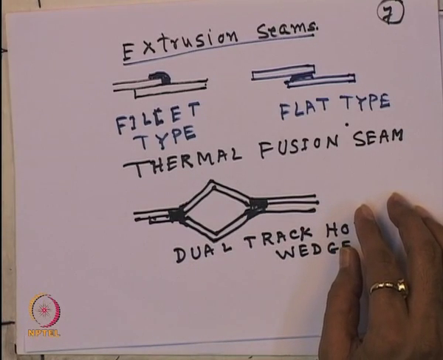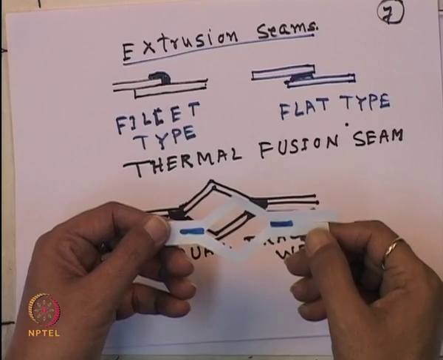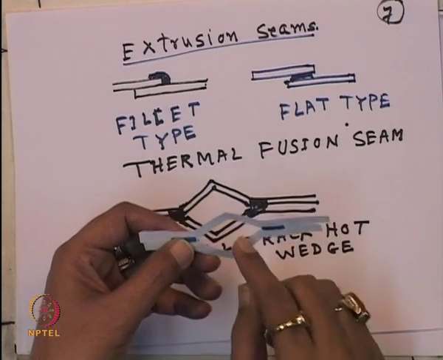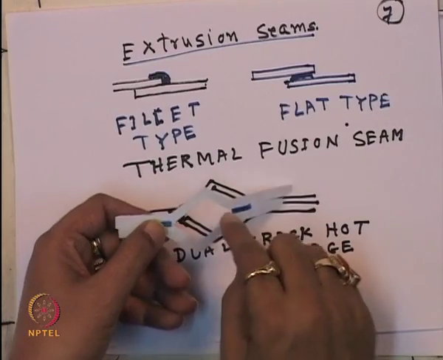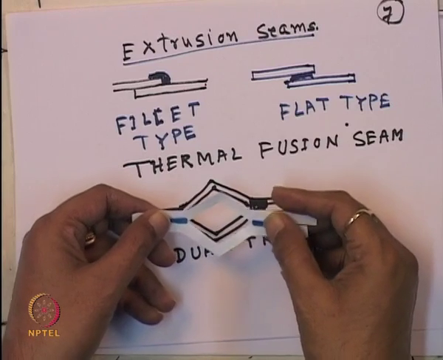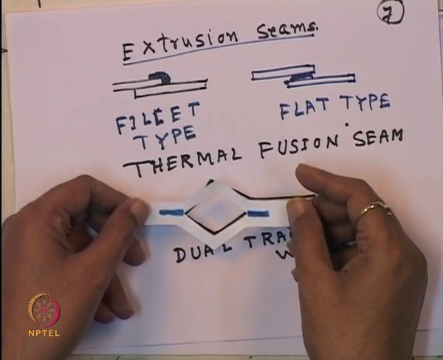I am showing you one like this. This is the geomembrane and this is another geomembrane, and there is a hole. Okay. So, any pressure development can be minimized or reduced.